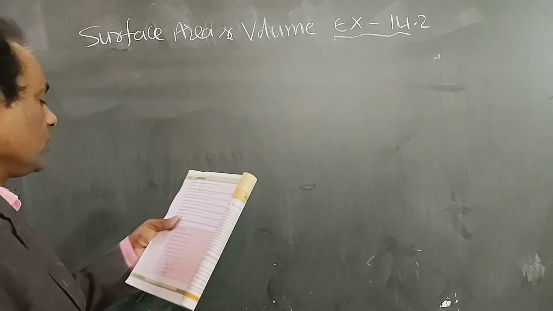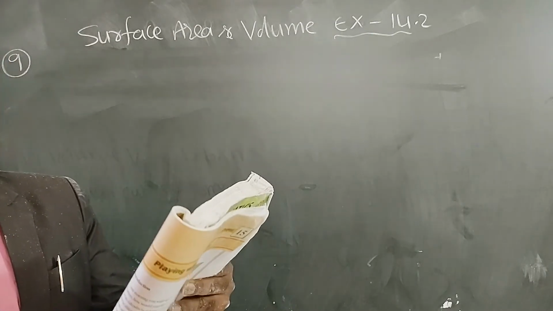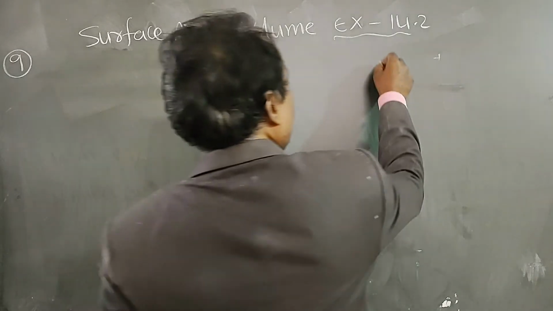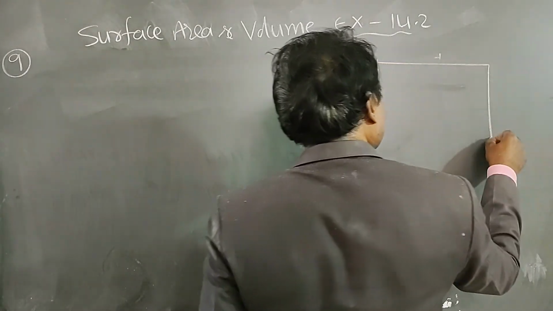See here, the ninth problem, students: how many cuboids of size 4, 3, 2 can be made from the cuboid of size 12, 9, 6? A big cuboid is there, and from that we are making small cuboids.